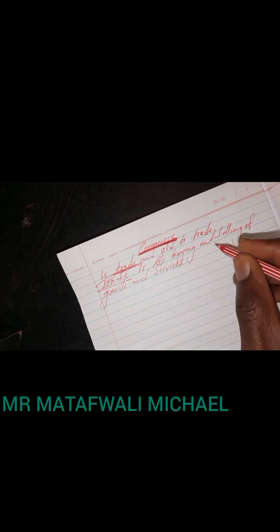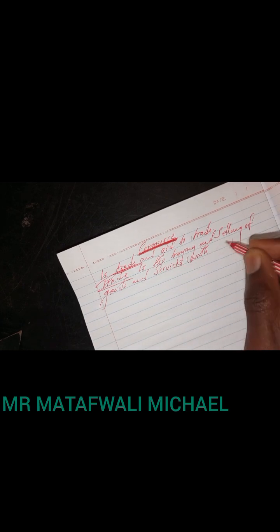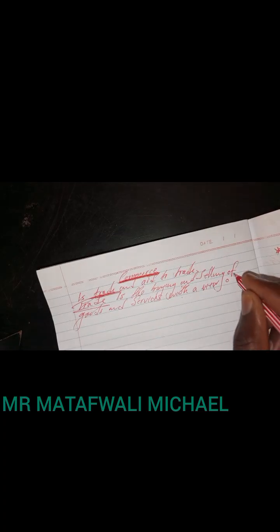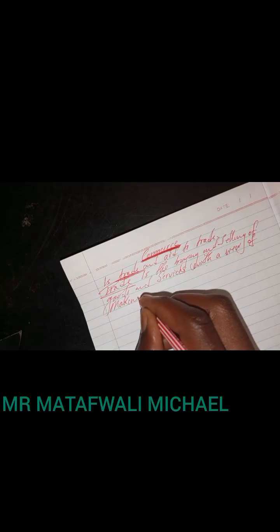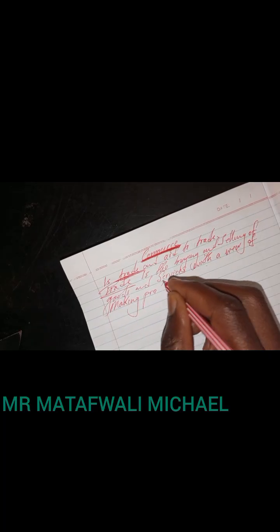The buying and selling of goods and services with a view of making profit. With a view of making profit. So this is the definition for trade. So this is a standard definition for trade.